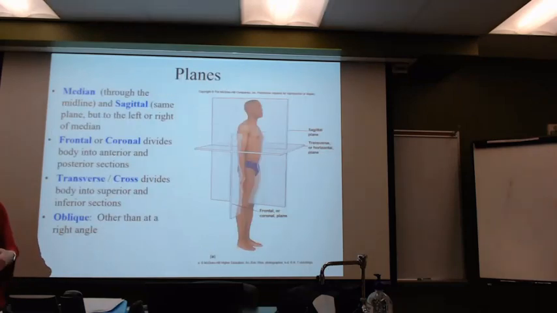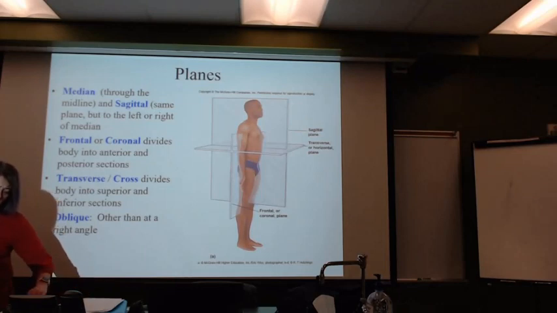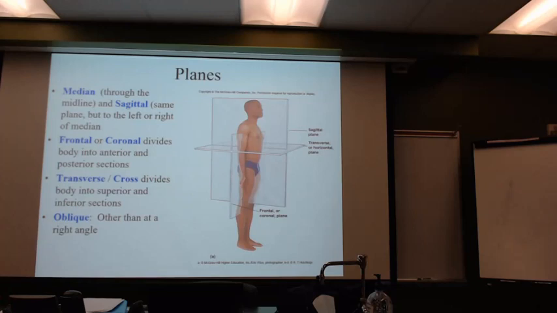Okay? So, another part that you'll see, most of the time, this will be very familiar when you're looking at slides of something, the histology, because that's just as important as understanding the body areas.